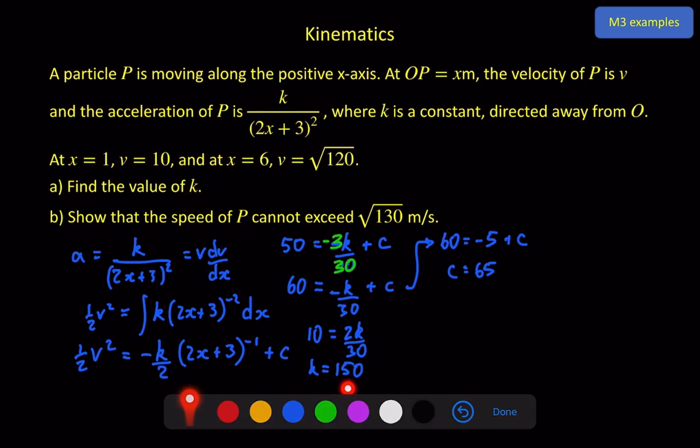Find the value of k, we finished part A there, but for part B I will need to know c, because to show that the speed of p cannot exceed root 130, I need to have a final expression for v here.